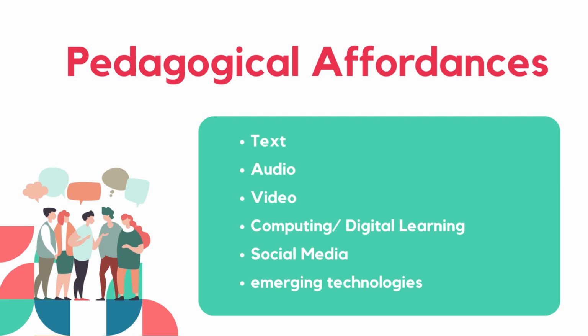Video is not just still images, it's of course moving images. In computing and digital learning, making sure everything is digital. Social media would be Twitter, Instagram, Facebook, you name it. And then emerging technologies such as VR, AI, and all of those kinds of technologies.